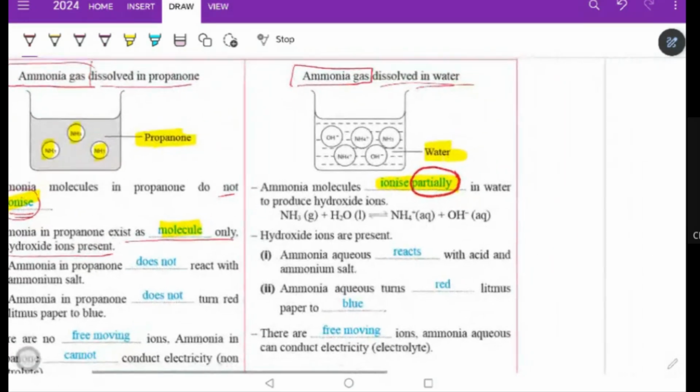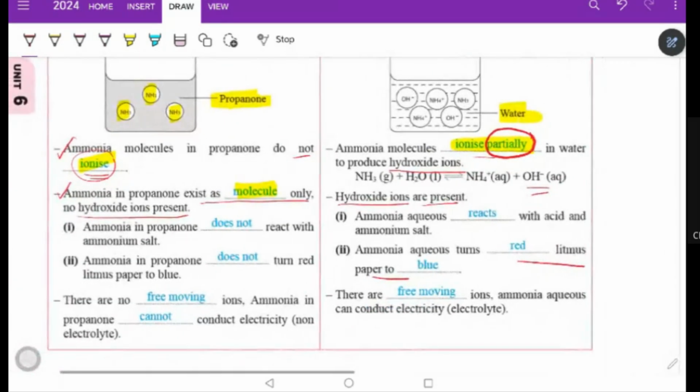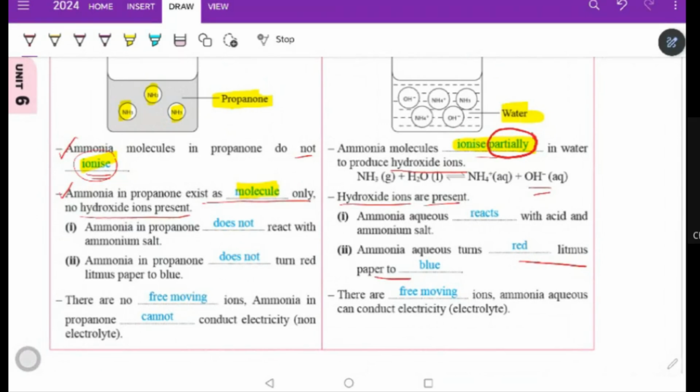Okay. But in the water, it ionizes partially to produce the hydroxide ions. Okay. Then hydroxide ions are present, so it can turn, here they used the red litmus paper, right? But universal indicator to blue color. Okay. This one does not turn the universal indicator to blue. Okay, so 3. You need to mention this. So hydroxide ions are present.